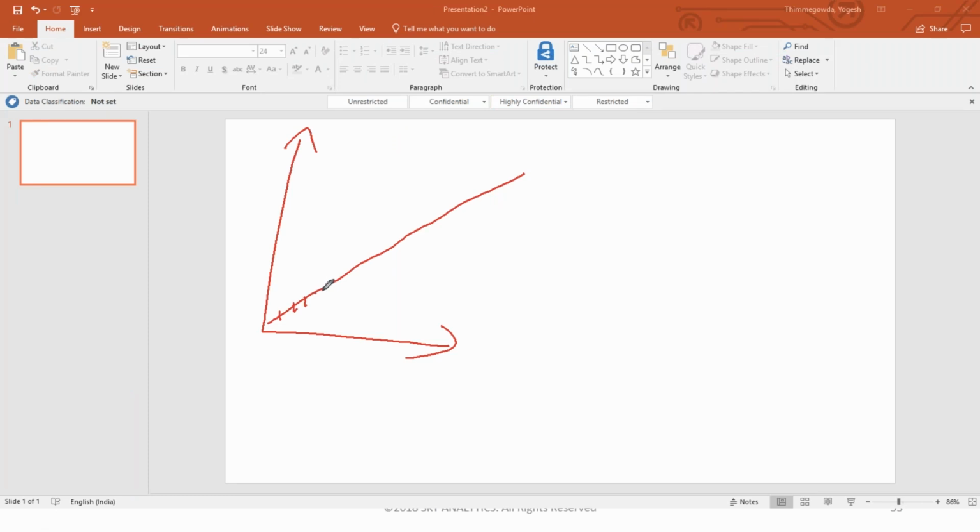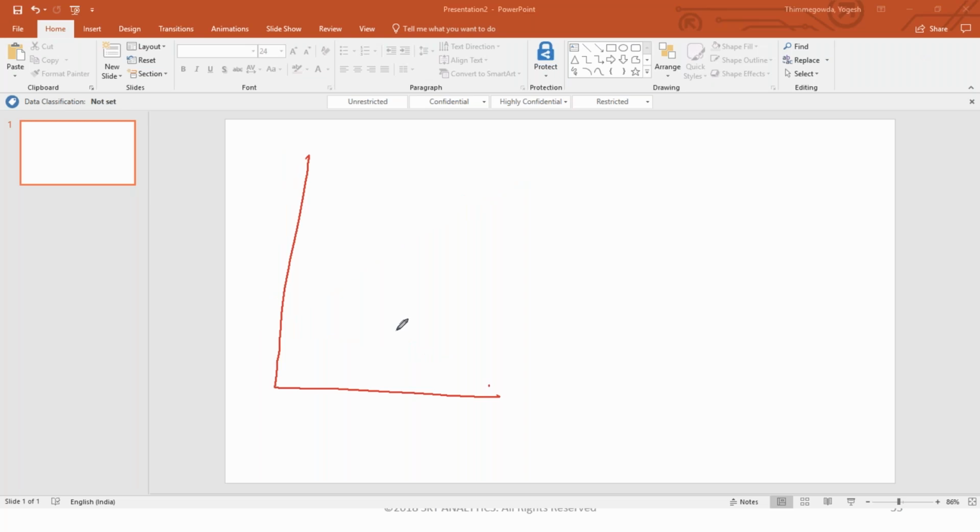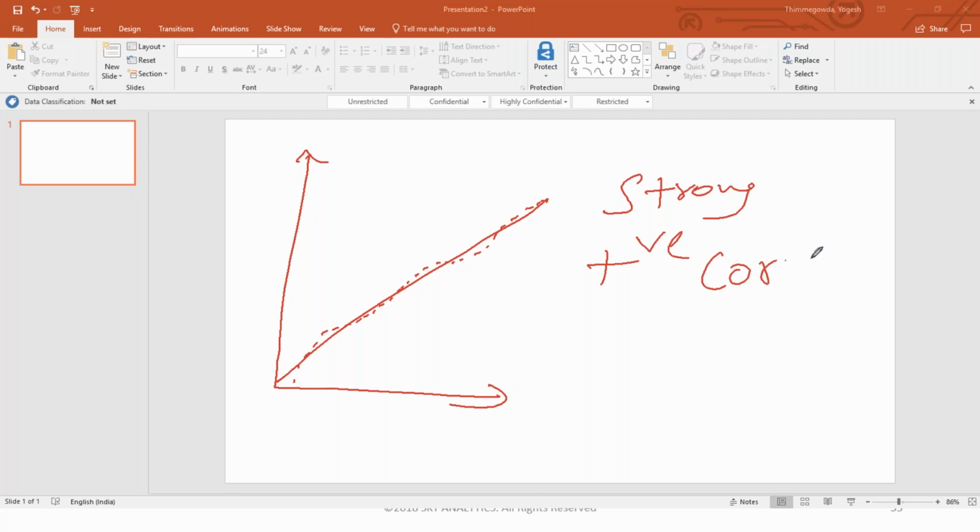If all the data points are exactly on this straight line, or slightly like this, and your data points are like this, then it is called a strong positive correlation. Remember this, strong positive correlation.